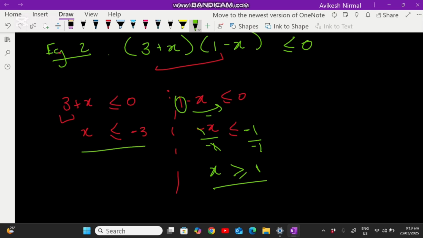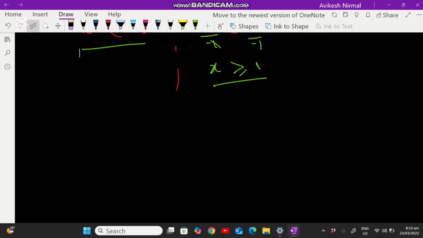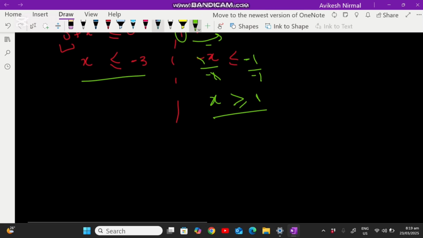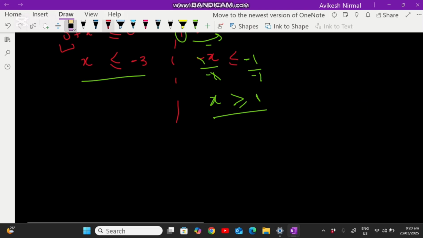Okay, now I know for a fact that I'm gonna plot this here. It's a very bad axis. Okay, so something like this. So I know that 1 will be here and -3 is somewhere here.